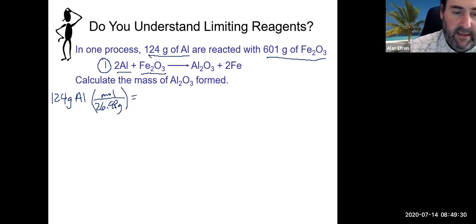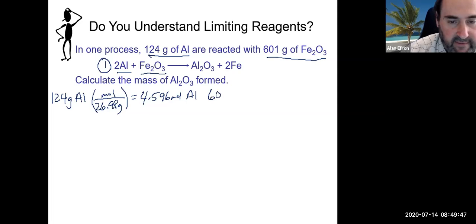That's going to give me 4.596 moles of aluminum. We would also want to do the same thing for our iron 3 oxide.